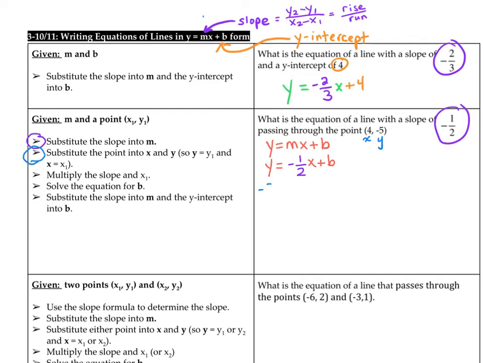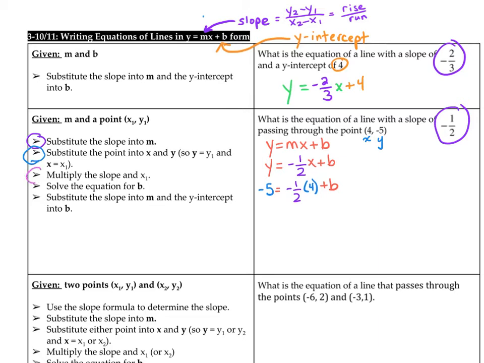So the y gets substituted in for -5 equals, the slope is -1/2. The x we're going to substitute in 4, and then plus b. So now what we have is an equation that we are going to solve for b.